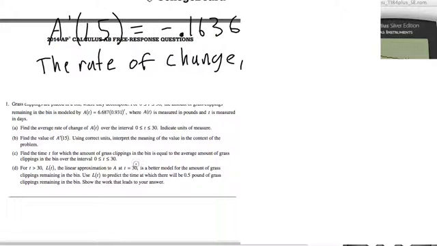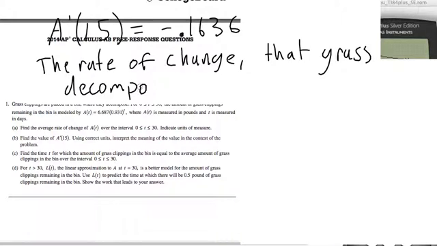I tell you what, let's take the negative and convert it into the word decomposing. So the rate of change that grass decomposes in the bin is this much.